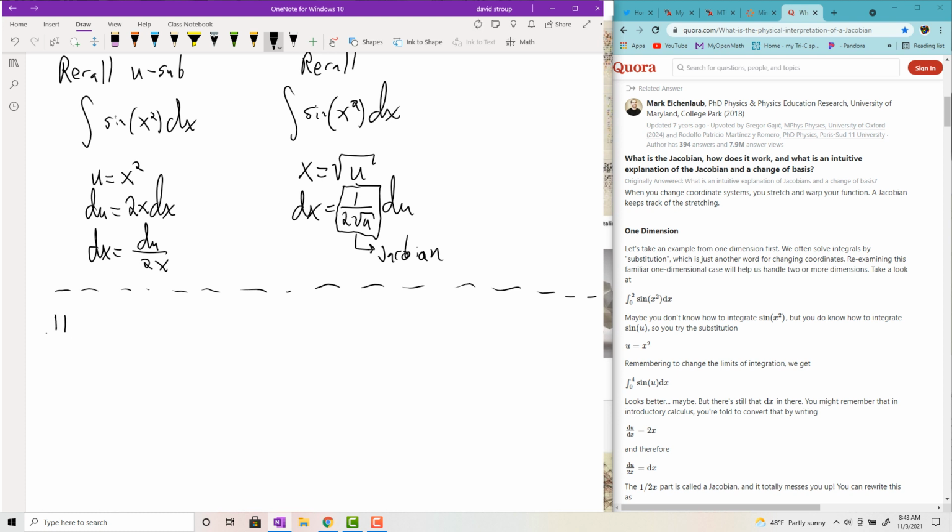Let me set this up as a new section called change of variables. It's basically just a substitution, a U sub, but in the trig substitution direction. So it's going to seem a little backwards, because it's not direct like we're used to.